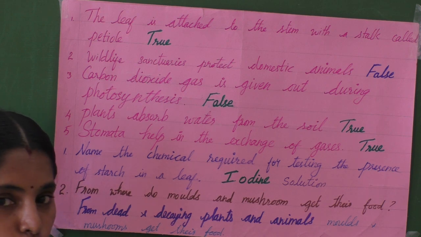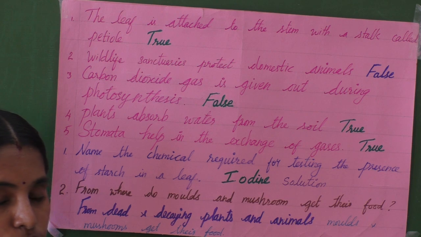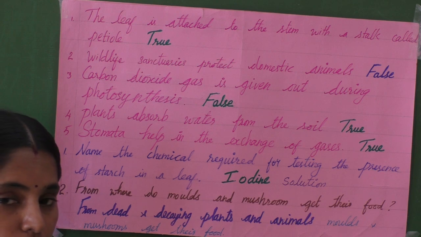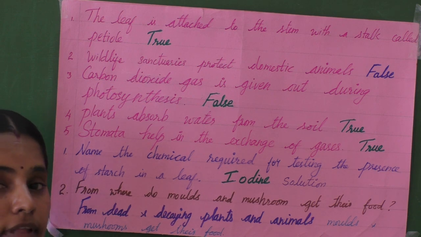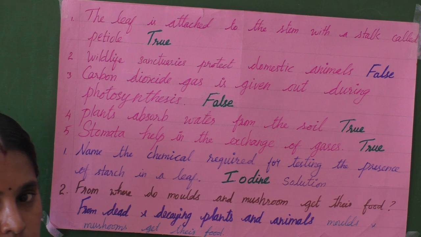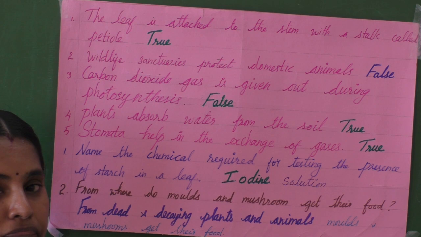They don't have chlorophyll. If chlorophyll is present only, it can make its own food. Without the presence of chlorophyll, plants cannot do anything. So chlorophyll is not in mushrooms and molds.